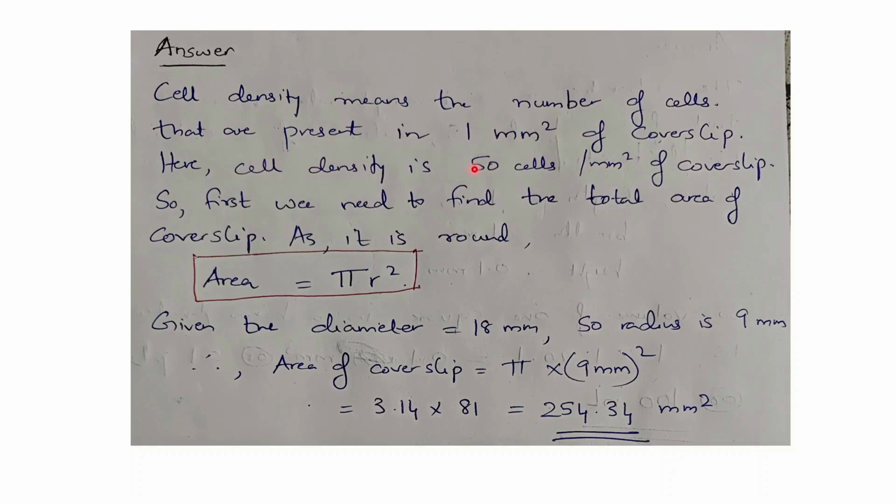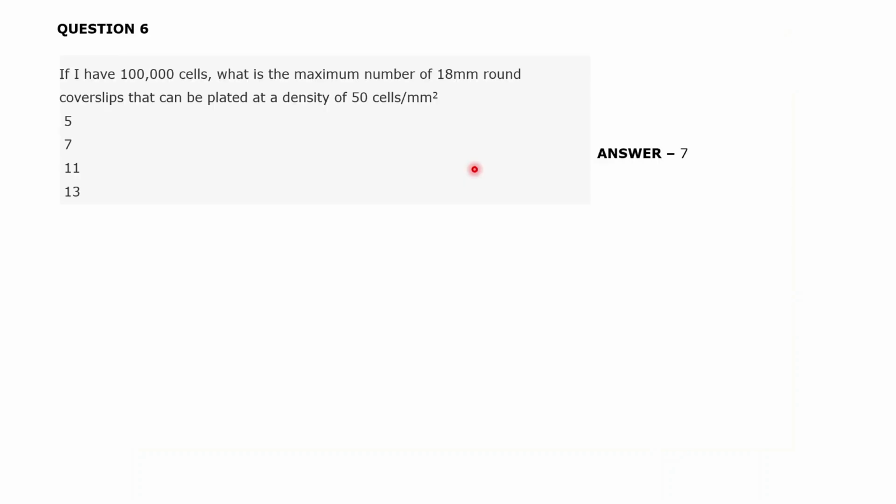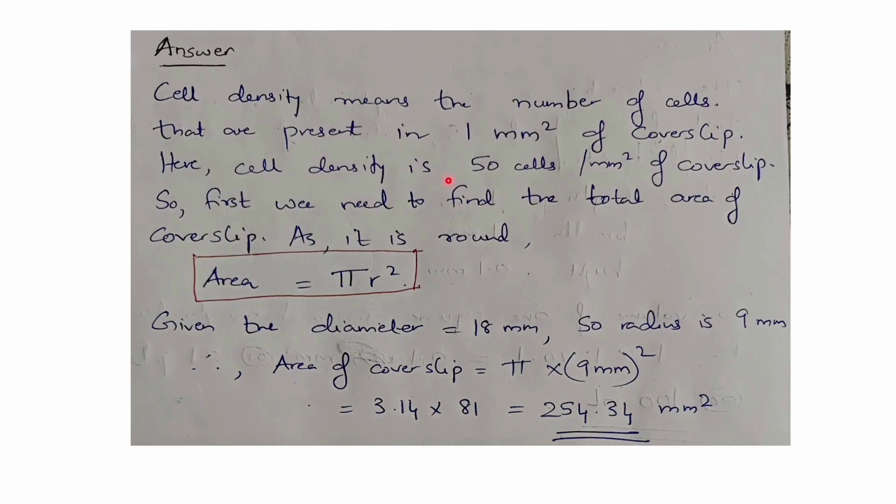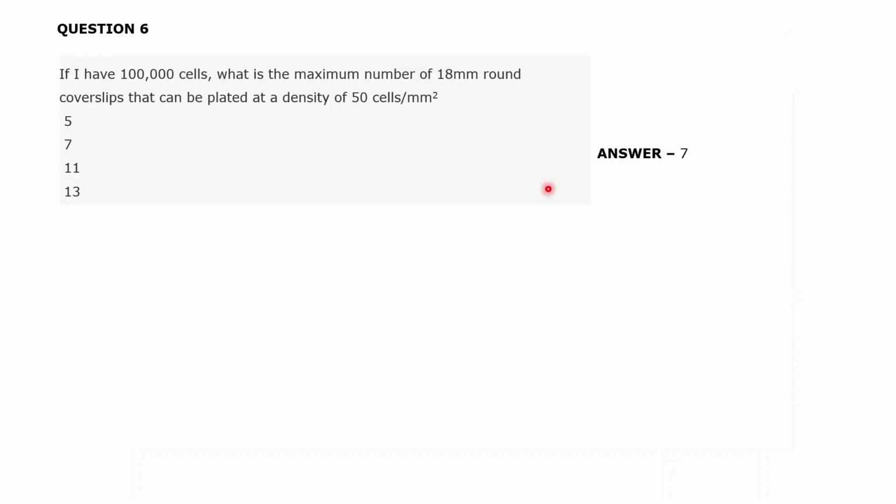Here it is given in the question: 50 cells per millimeter square, right? So after the spotting or the incubation, there should be approximately 50 cells present within 1 millimeter square of a cover slip. And also they have given that it is 18 millimeter in diameter.